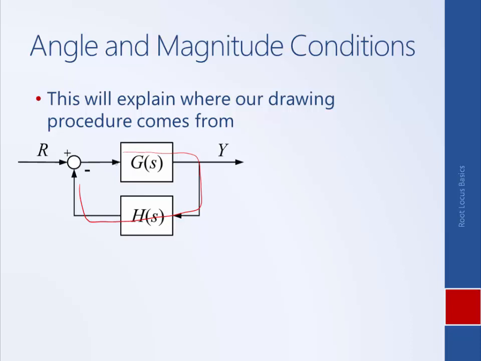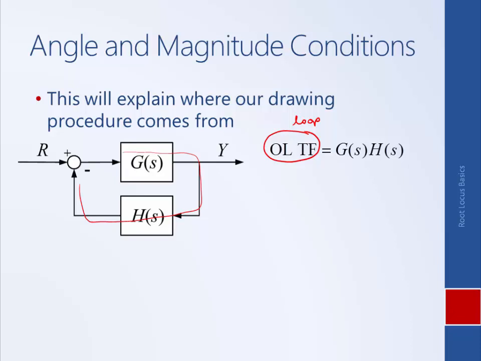So in this case, we have these forward dynamics G of S, and we have these feedback dynamics H of S, and the open loop transfer function is G times H, everything that's in the loop. So again, that might be a little confusing, but try and remember when we say open loop, it's as if we mean everything in the loop.